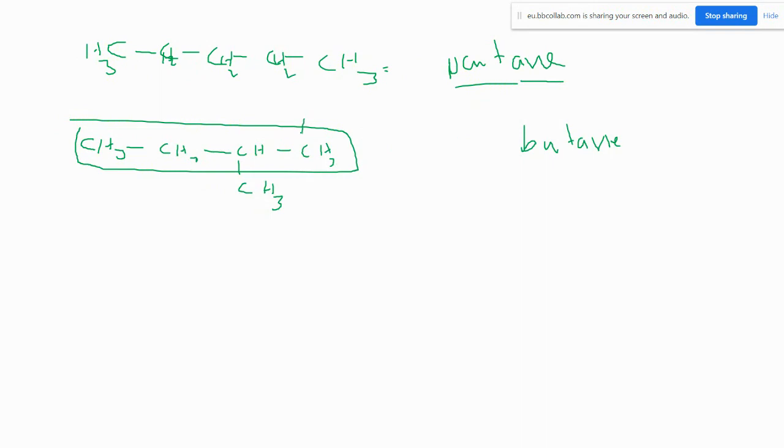And then count the numbering. 1, 2, 3, 4. You cannot count from this side because the branch comes near here. So it should be 2. What is the group name? The branch is methyl. So the name is 2-methylbutane.